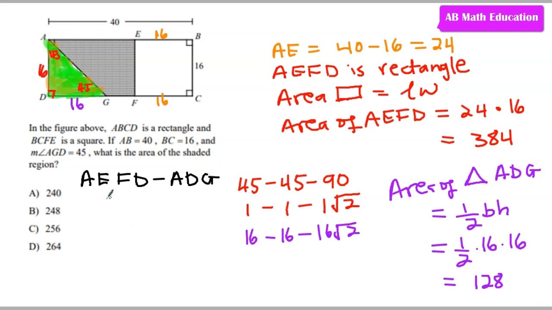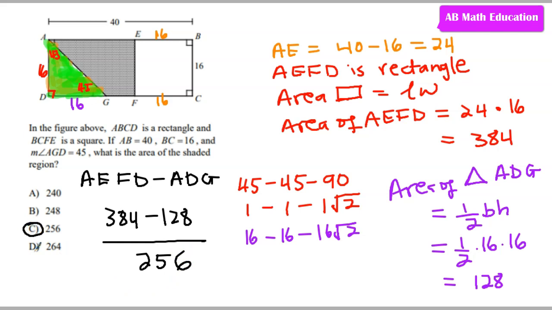We got the area for that to be 384 minus 128, and when we do the math, it will give us 256 as an answer. So this is the answer.